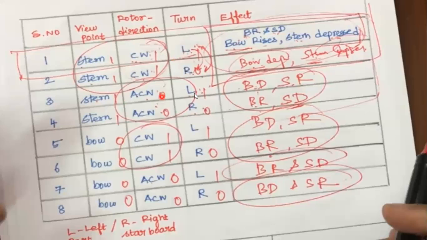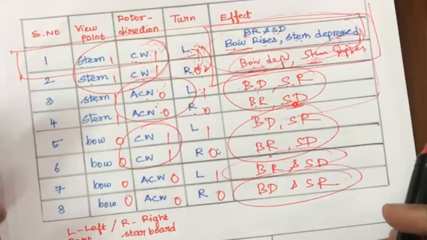So bow depress, stern rise. In the same way, for anti-clockwise right, write the opposite of clockwise right. Here bow depress, so write bow rise, and stern depress. So these four columns we can easily fill.